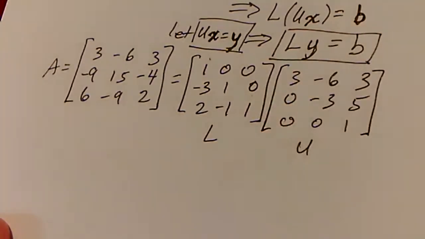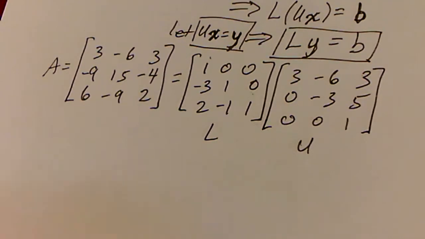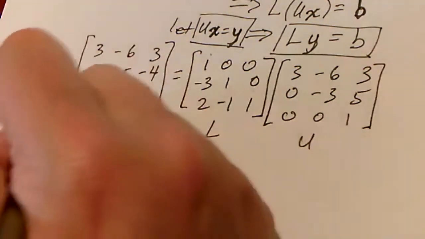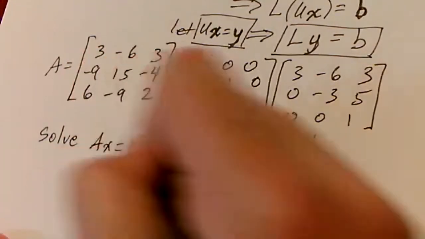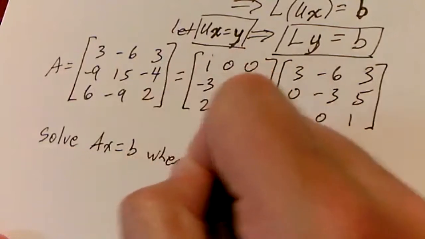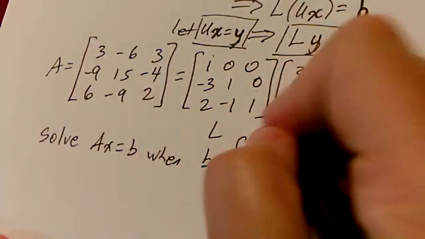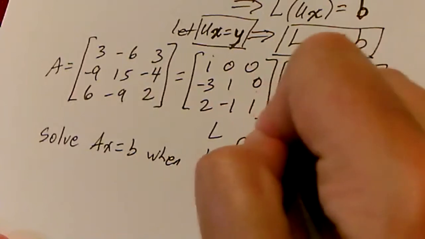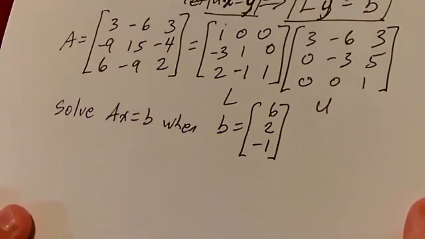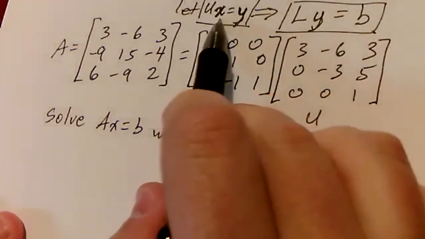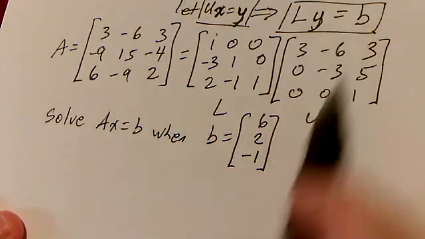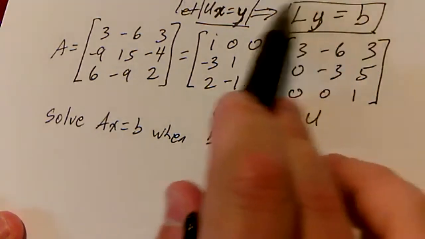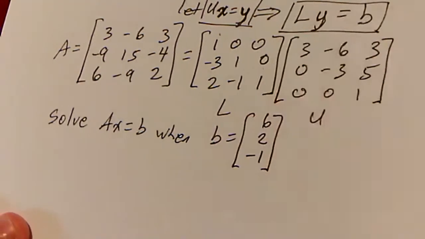So there's my matrix U. I've given you the LU factorization here, and what we're interested in figuring out is to solve AX equals B when B is equal to the vector 6, 2, -1. Again, I have my two equations here, UX equals Y and LY equals B. I know B, I don't know Y yet, so I need to start with LY equals B.